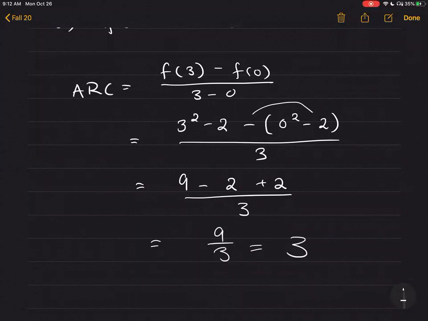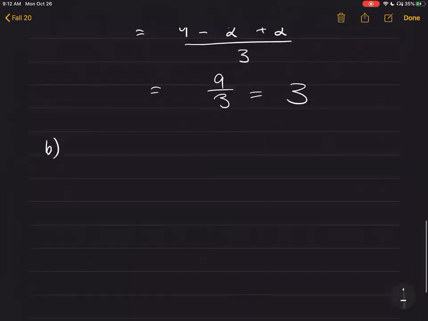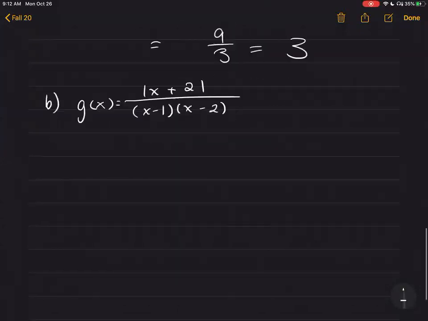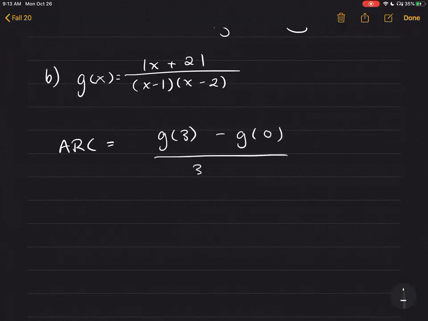Cool. So now let's look at another function. Let's do maybe g of x. Let's look at something a little more complicated now. Let's do the absolute value of x plus 2 over x minus 1 times x minus 2. All right. So our average rate of change is going to be plug in 3, subtract plugging in 0, over 3 minus 0.